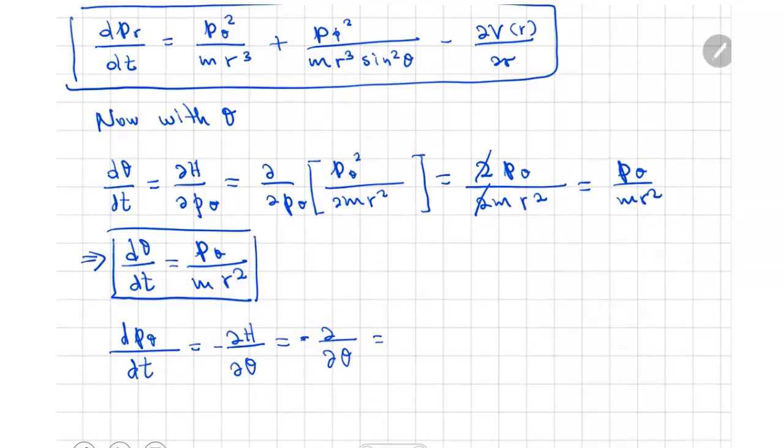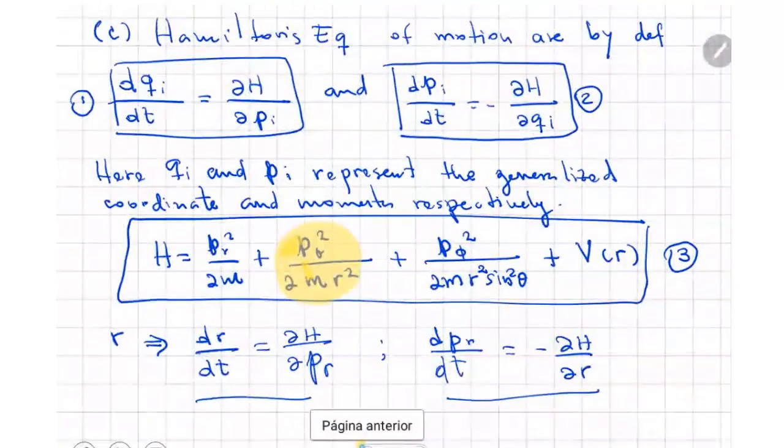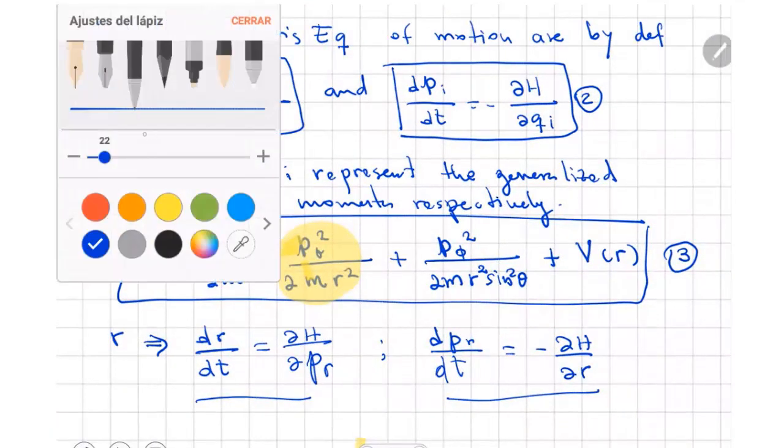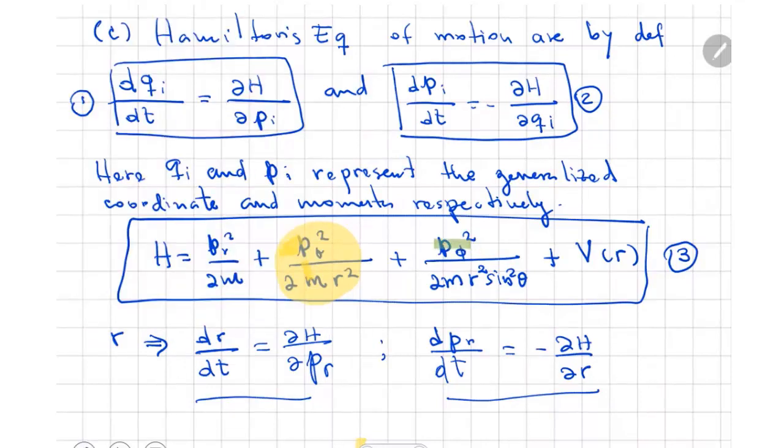if we check the Hamiltonian real quick, we are gonna see that the only term depending on theta is the third term. So I'm only gonna write down this one.